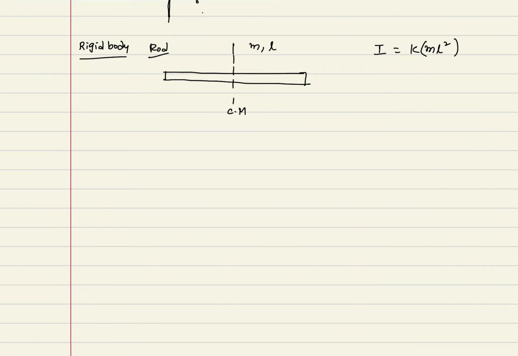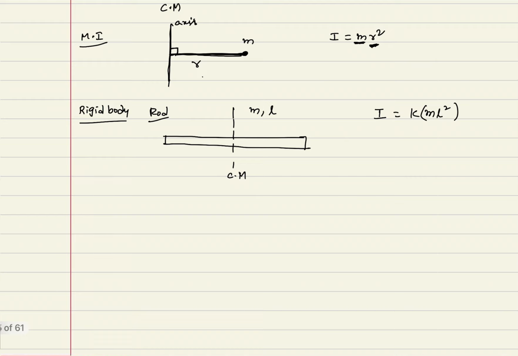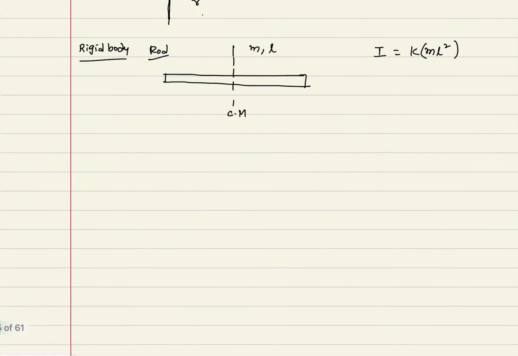To calculate this k m L square value, or the moment of inertia about the center of mass, I am taking three steps. Step 1: instead of taking the single rod having mass m and length L, I am taking a composite rod having mass 2m, length 2l.